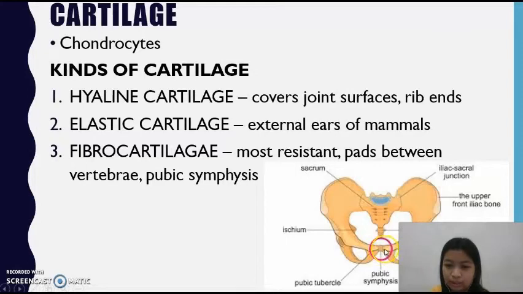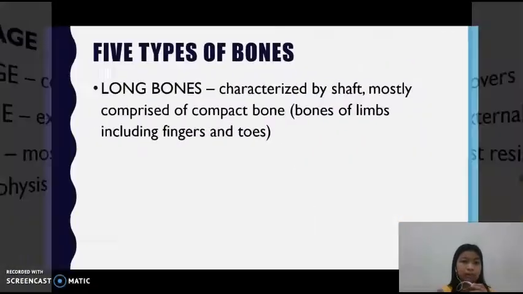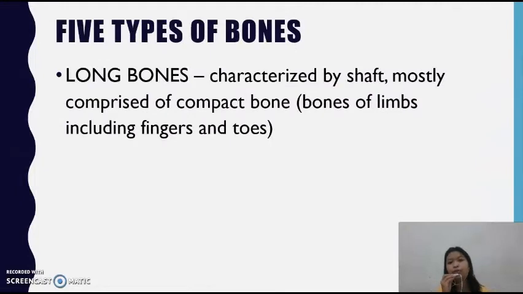So, yun yung nasa gitna. That is the pubic symphysis. So, meron din dong cartilage. Okay. It is there sa joints para ma-protect niya from severe strains. Ayan, and friction.